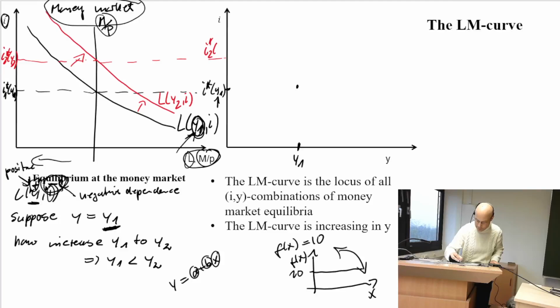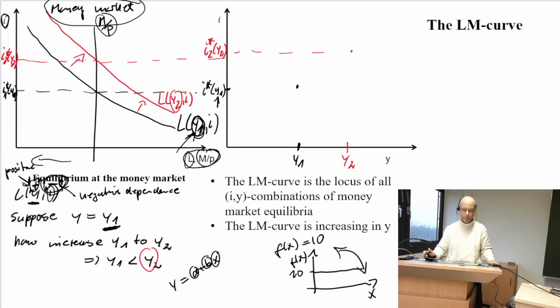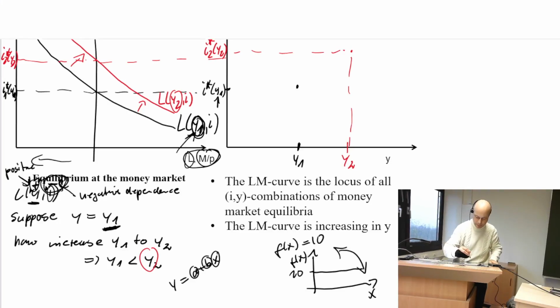But this corresponds now to y2. y2 is larger than y1, so maybe somewhere here. And we obtain, a bit lower, a second equilibrium point.